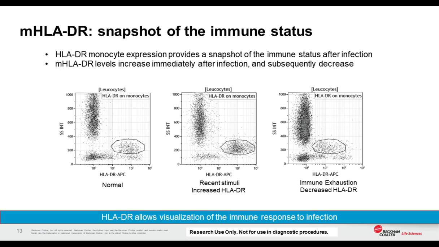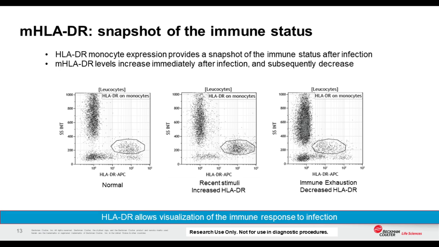Monocytic HLA-DR, an activation marker, is upregulated in acute infections, both viral and bacterial. The levels of HLA-DR, however, come down as the infection progresses due to immune suppression. HLA-DR in conjunction with the specific infection markers CD64 and CD169 provides a snapshot, valuable insight into the timeline of infection immune response.